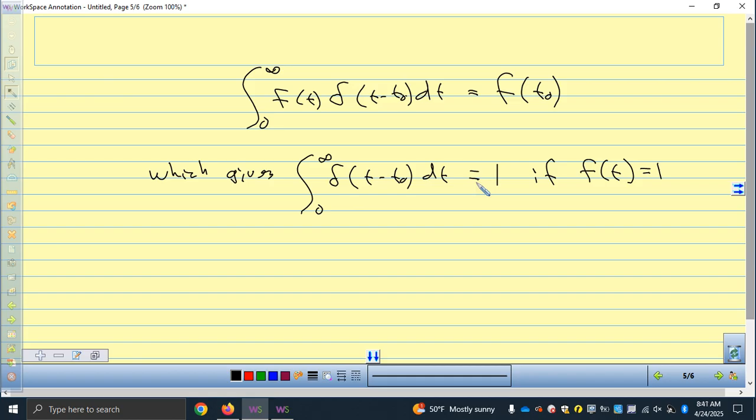as we expect. And the integral from 0 to infinity of e to the minus st times delta of t minus t0 dt is e to the minus s t0.